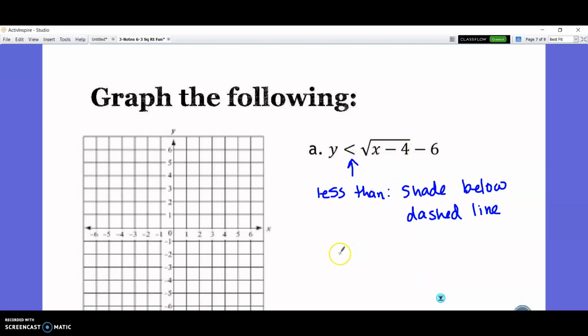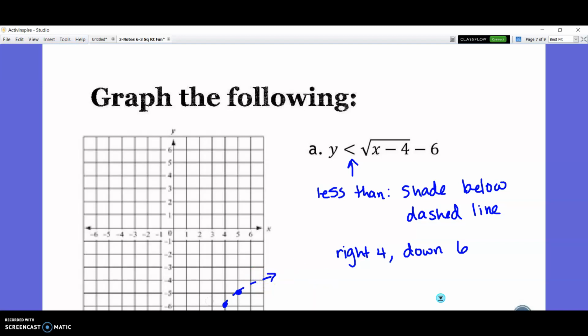Looking at the transformation, it moved right 4 and down 6. So right 4, down 6. A is positive, so we're going to go up and this way. And it's going to be a dashed line, so I'm going to erase some of those there.